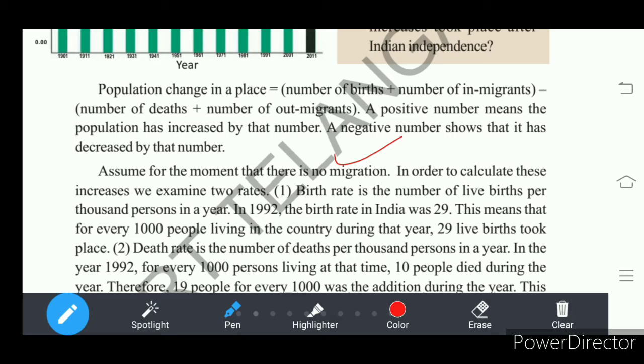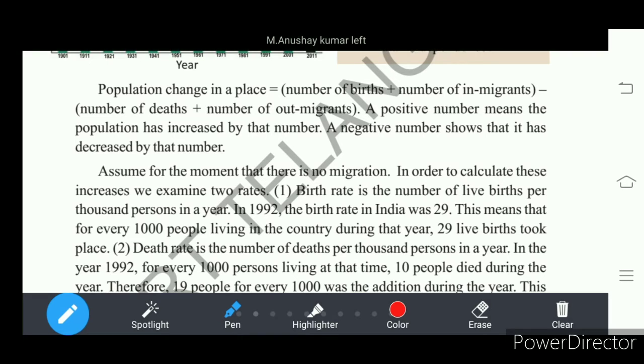So here we'll discuss two things, BR, birth rate, and DR, death rate. These two only we are going to discuss. How do these two aspects bring change in the population size? Migration is also one factor, but for a moment, to understand these two aspects, we are considering there is no migration.